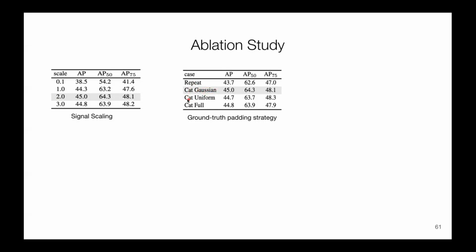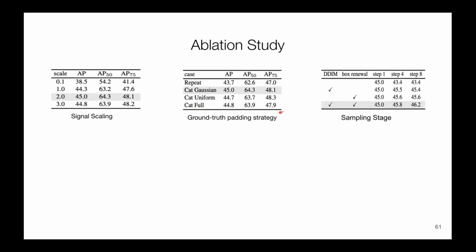For example, this one, CAD uniform, assumes that the pixel distribution is all the same, so it is too simplistic to capture the non-uniform distribution. And this one, CAD full, is used in Sparse R-CNN. This one is more flexible than CAD uniform, but still it is too general and difficult to capture the correlation between the pixels.